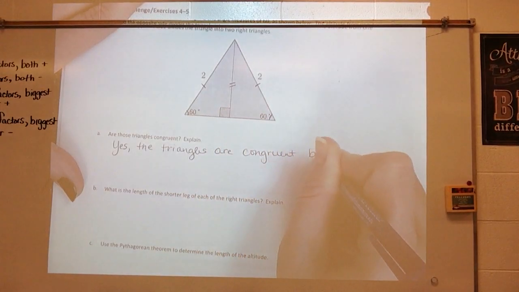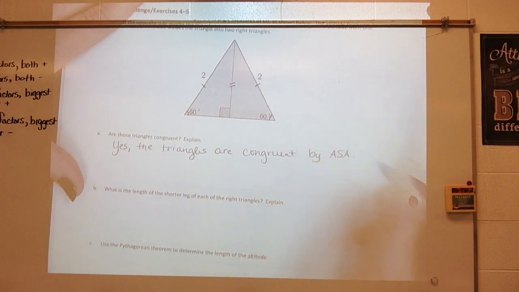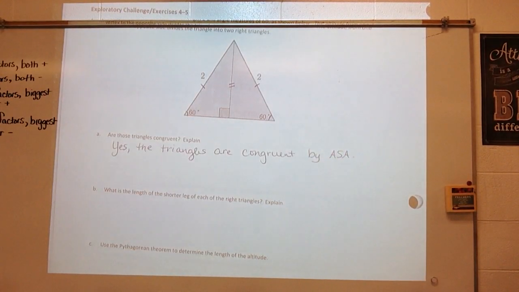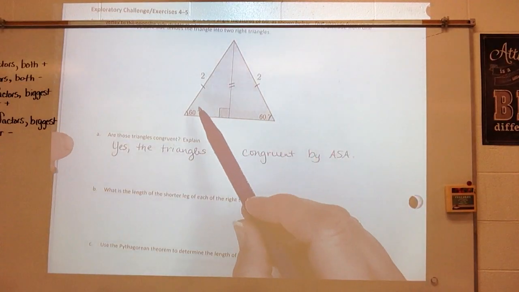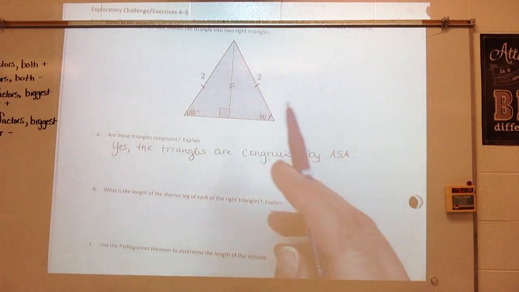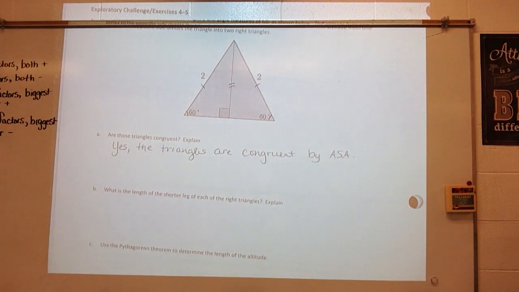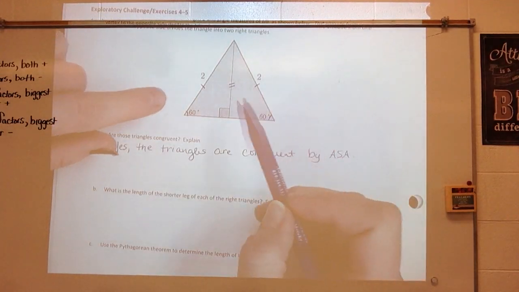Okay? Since the altitude is perpendicular to the base, then each of the right angles has an angle that measures 90 and a 60, which I actually did. We can't do side-side-angle, so I've got to go back and I messed up just a minute.